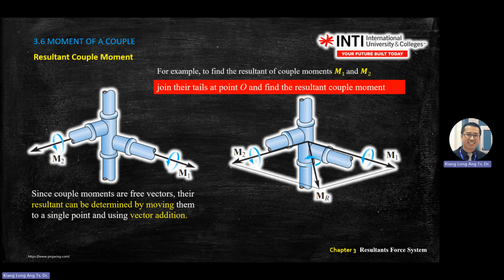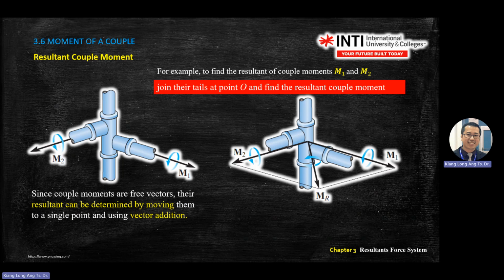For example, you move M2 up, it still rotates anticlockwise. You move down, doesn't matter. So you can move the location of the moment. Same with M1. You move up, move down, it also rotates anticlockwise, pointing out from the paper.